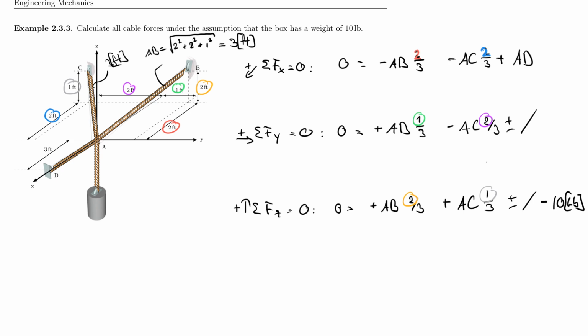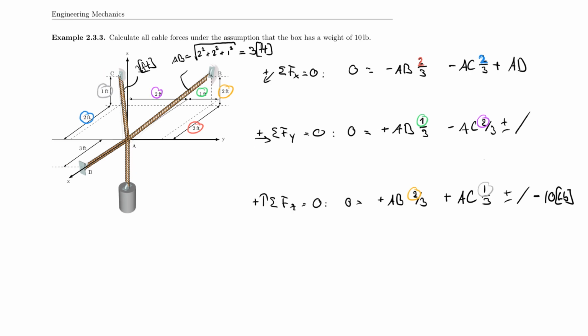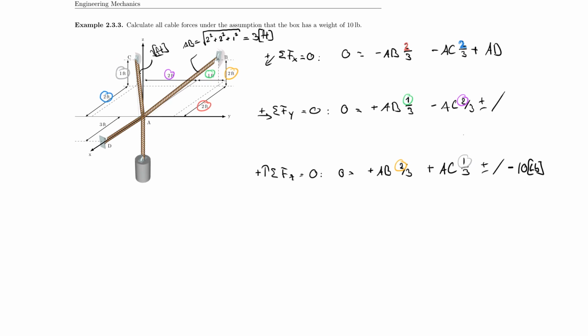And now I have completely written out my equilibrium equations that now I can solve. That's definitely not my job here to teach you how to solve 3 equations with 3 unknowns. You can choose whichever method you want to. I will say that some students prefer the matrix method. So what would that look like? So minus 2/3, minus 2/3, plus 1.